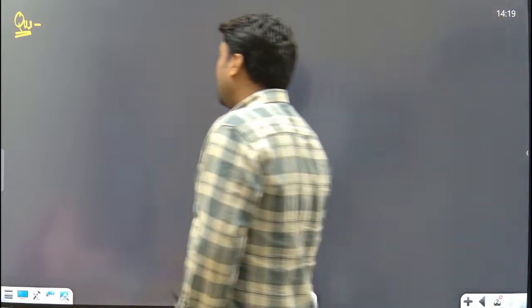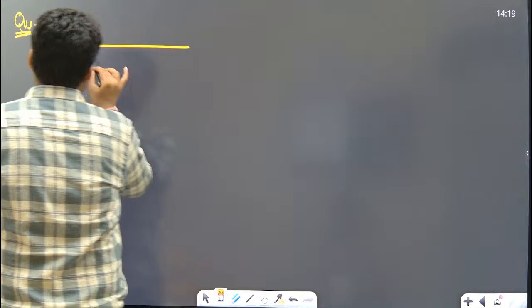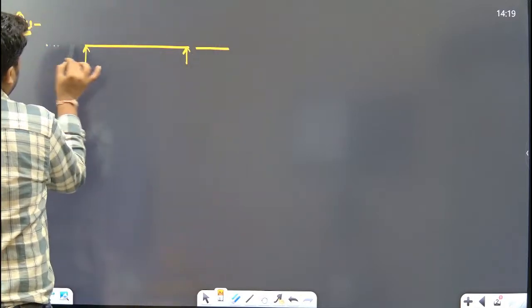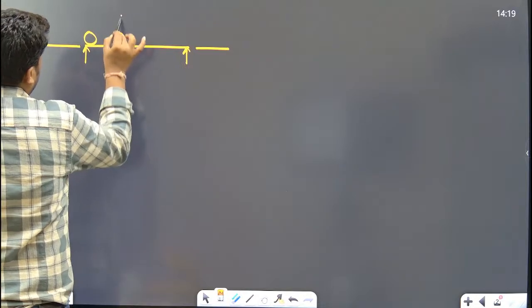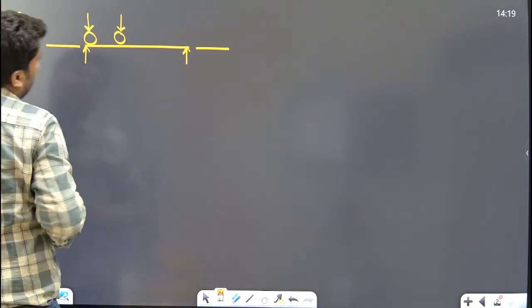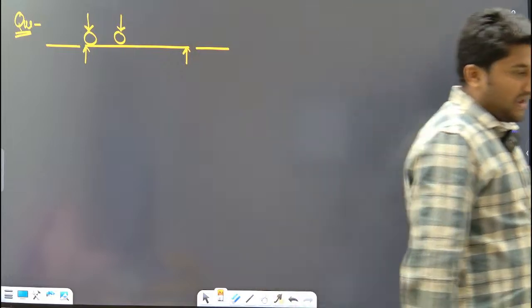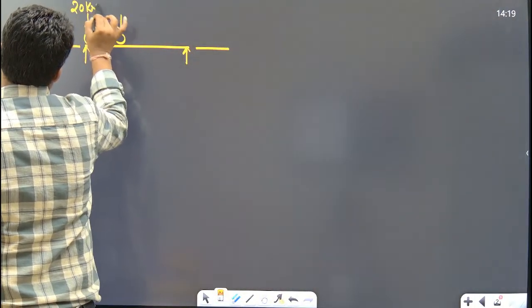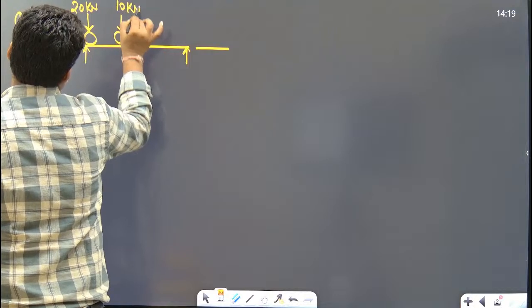This is a simply supported beam and 2-point loads are moving, and the magnitudes of both of them are 20 kilonewton and 10 kilonewton. They are 2 meters apart.